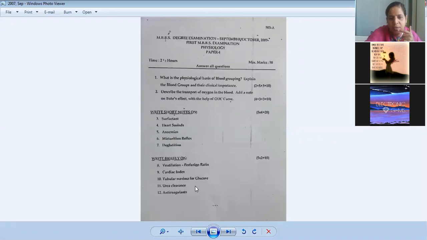Urea clearance, Ritika. Same chapter, renal. Anticoagulants, Hema. And I am checking cardiac index.